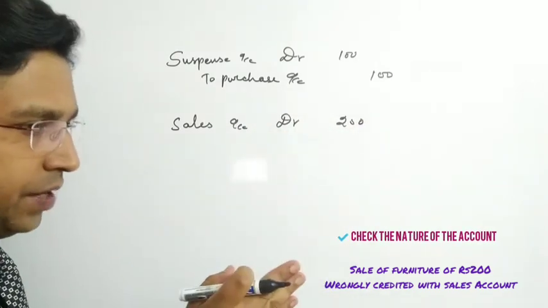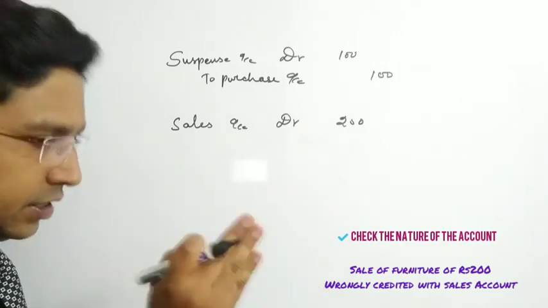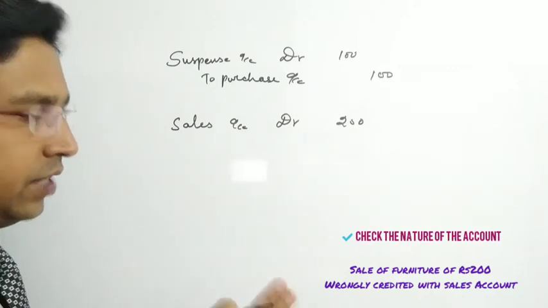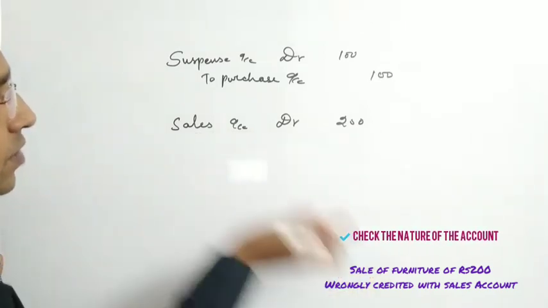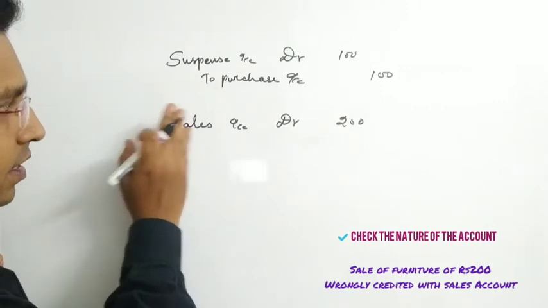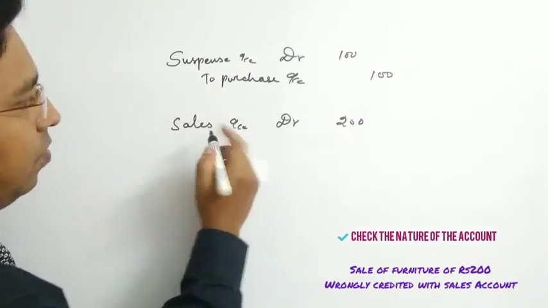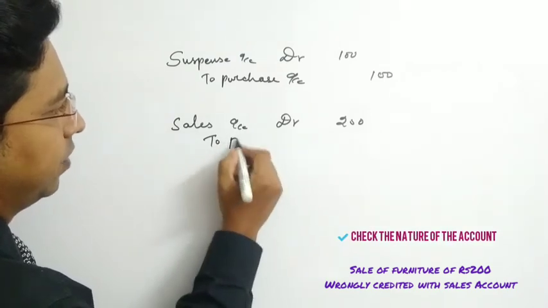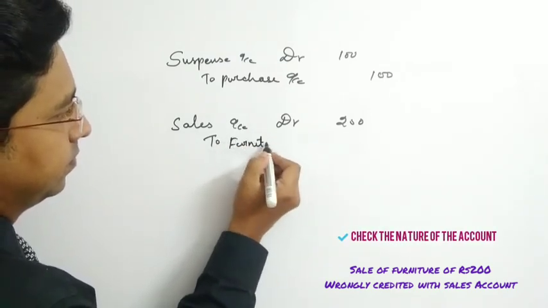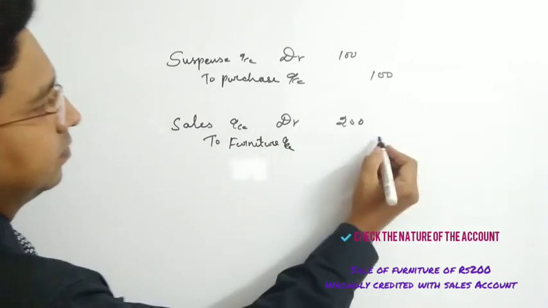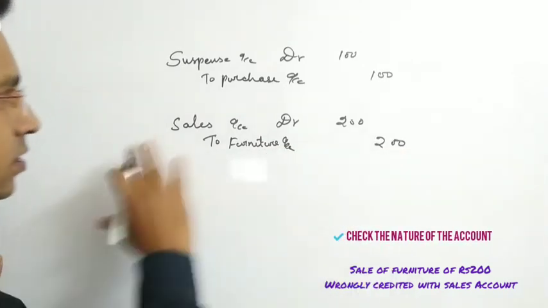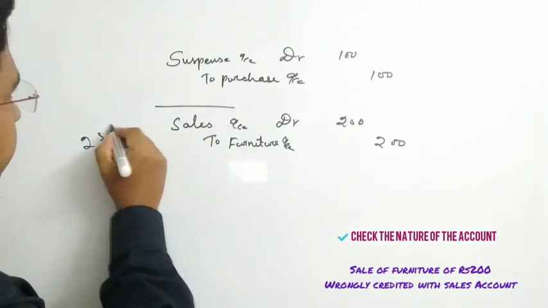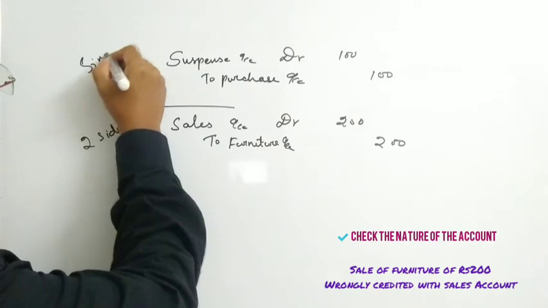The actual entry would be sale of furniture: cash account debit to furniture account, isn't it? Instead of crediting the furniture account, they have credited the sales account. So we have reversed it, and now we are crediting the appropriate account, the furniture account. This is how we have to treat the two-sided error and single-sided error after preparing the trial balance.